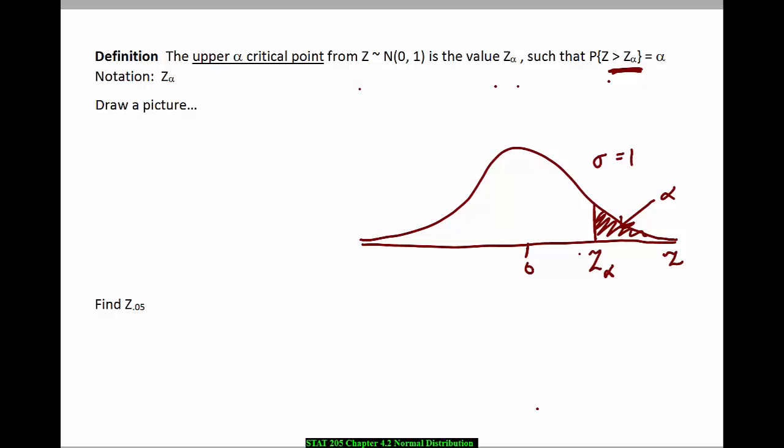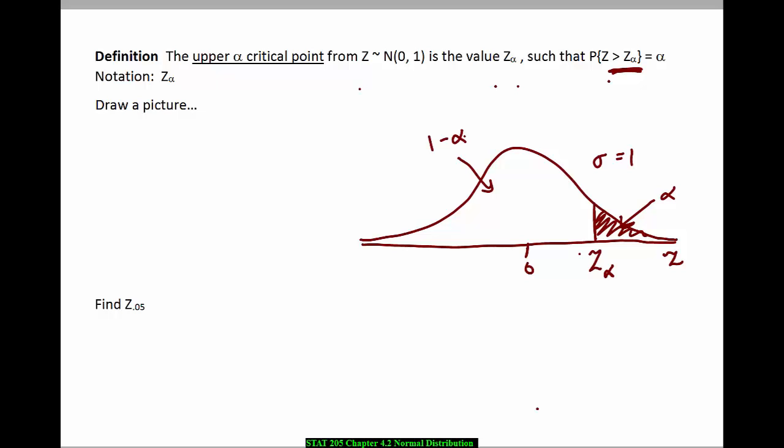All right. Now, if there's alpha area above this critical point, how much is below it? Well, the whole thing has to equal 1, right? The total area under the normal distribution curve equals 1. So if there's alpha above z sub alpha, then there's 1 minus alpha below it.